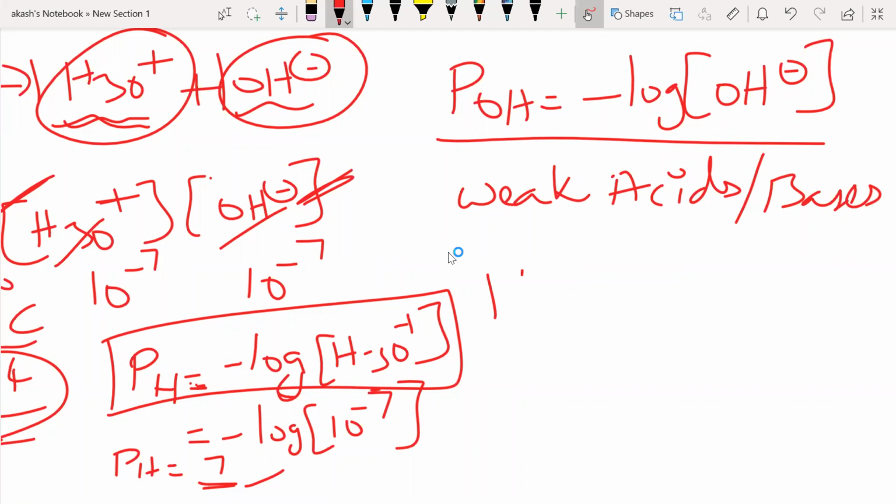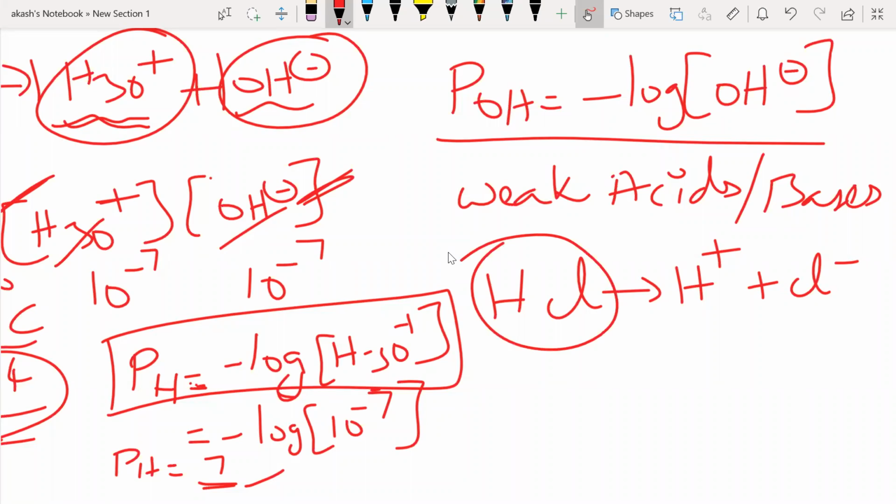Say for example, if I take any strong acid like HCl, I'm writing the reaction, which I said is wrong, just for convenience, guys. So HCl gives me H plus plus Cl minus. Now if it's a strong acid, almost 100% is dissociated, isn't it?